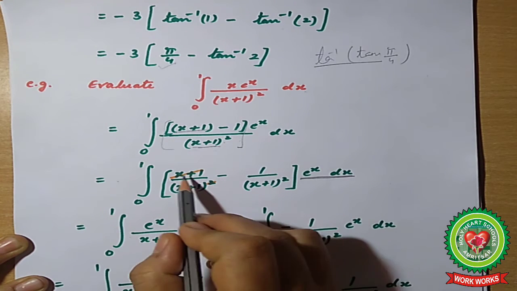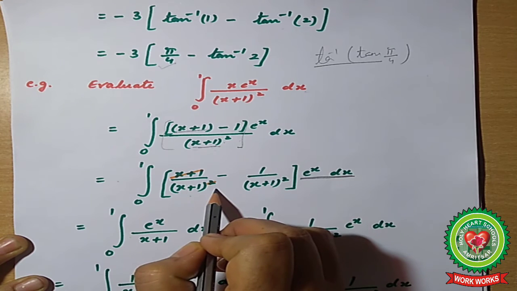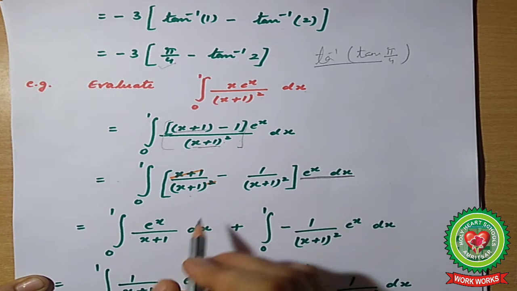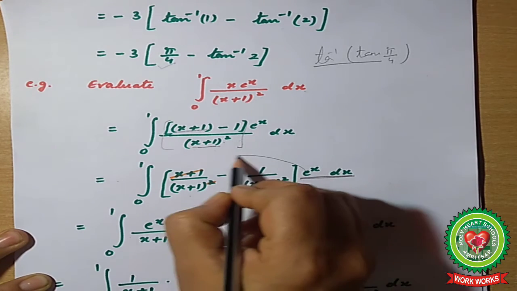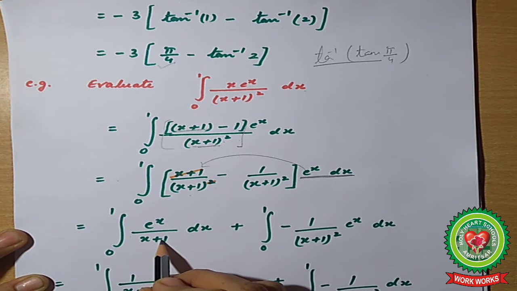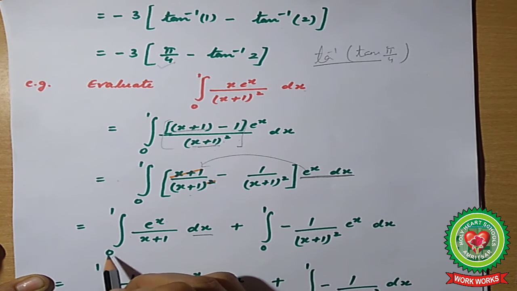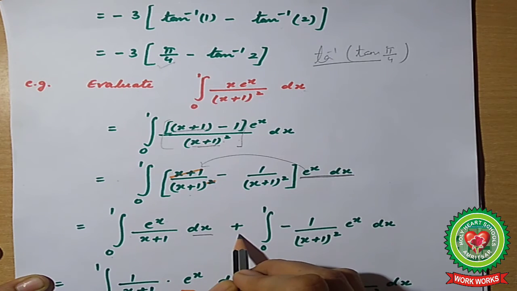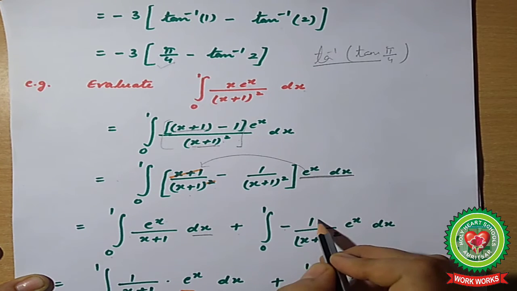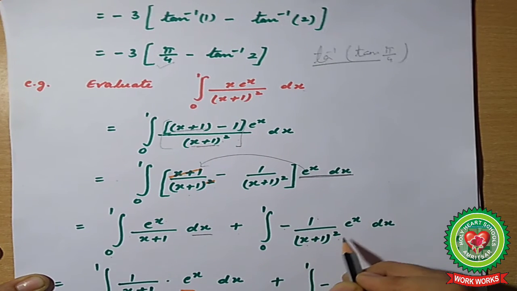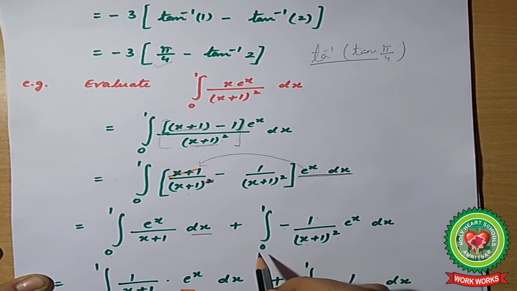Now, we can cut this value 1. Full x plus 1 is cancelled with x plus 1. So, it will be equal to e raised to power x upon x plus 1 dx, limit is as it is there, 0 till 1, plus minus 1 upon x plus 1 whole square e raised to power x, 0 till 1 there.